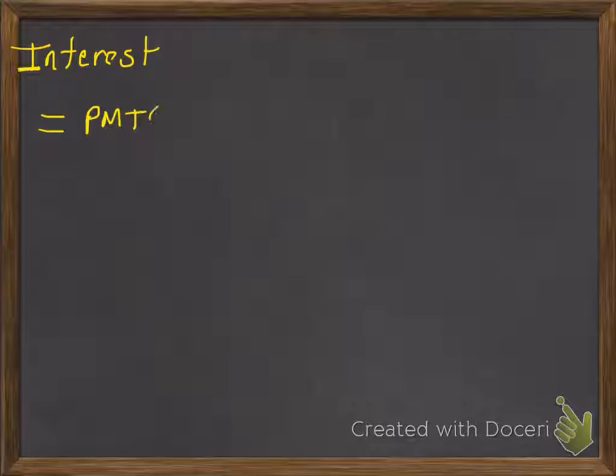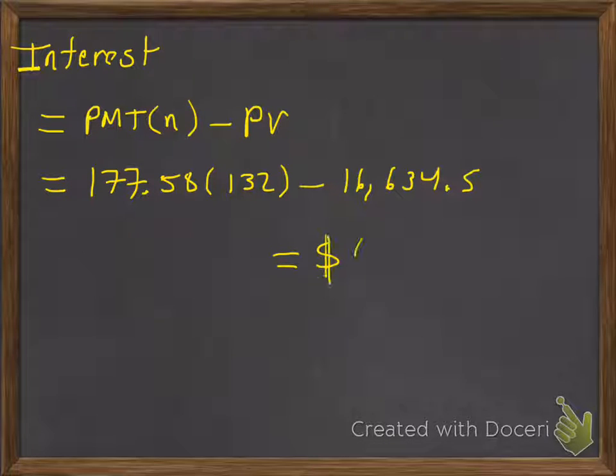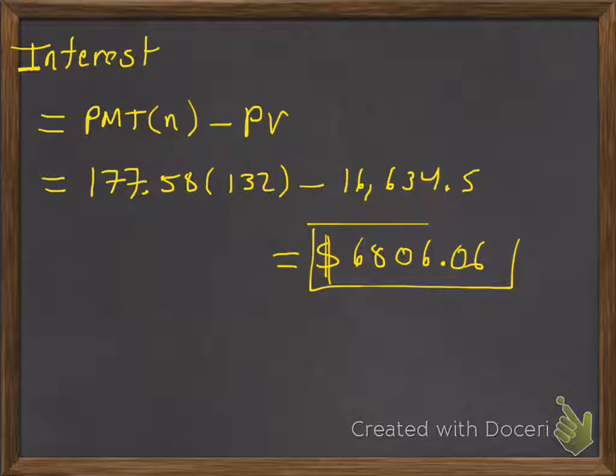So our payments times n minus the present value, that's going to tell us the interest. So the $177.58 times 132 times we paid that, and then we were loaned $16,634.50. So after we do the computations, we find that the interest we paid over the 11 years is $6,806.06.